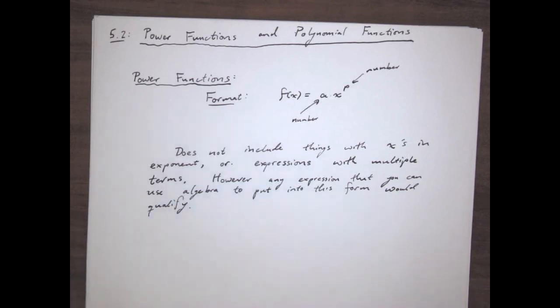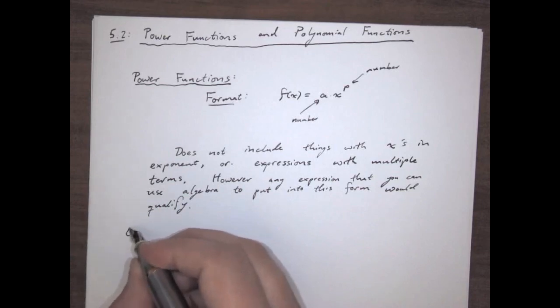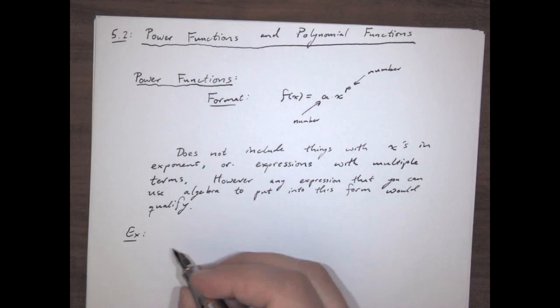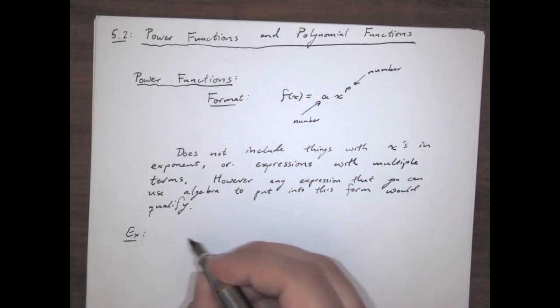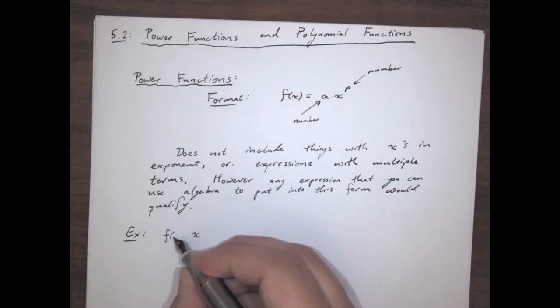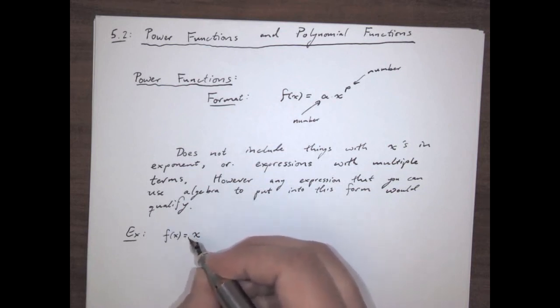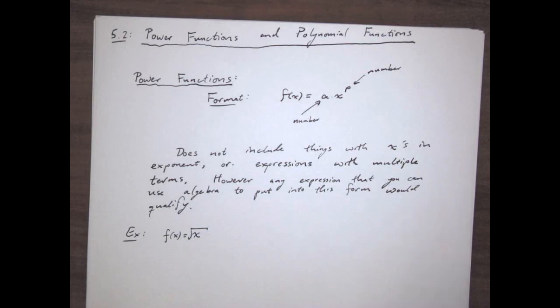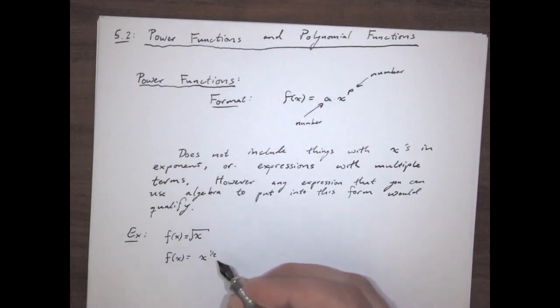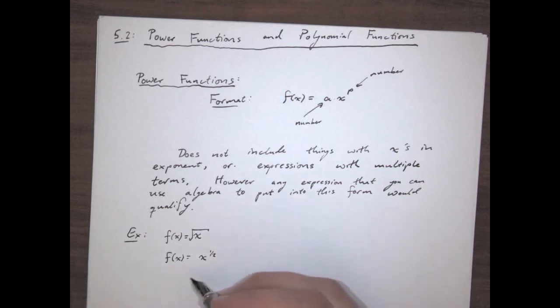For example, here are some examples of functions that don't look like that, but nonetheless fit the bill. If we had f of x equals square root of x, that doesn't appear to be of this form, however we can rewrite this so that it's a 1/2 power, and then it qualifies.